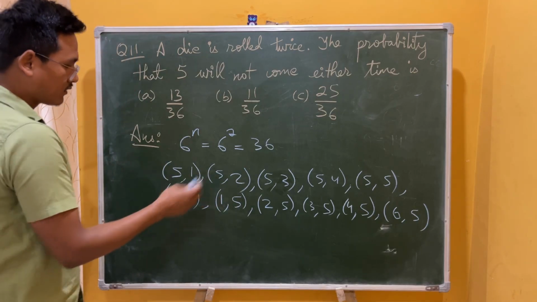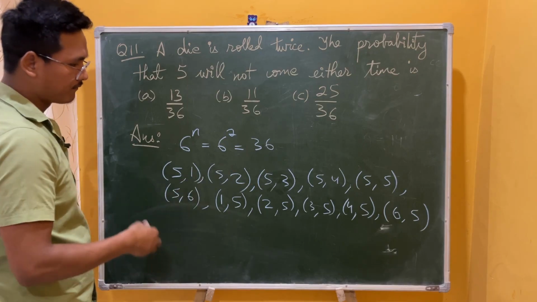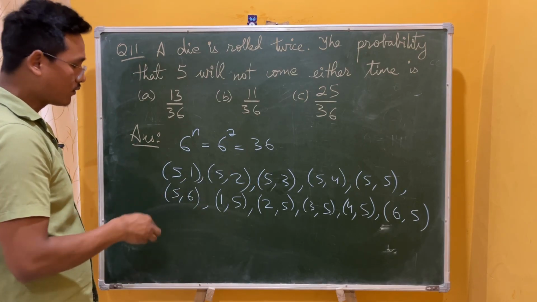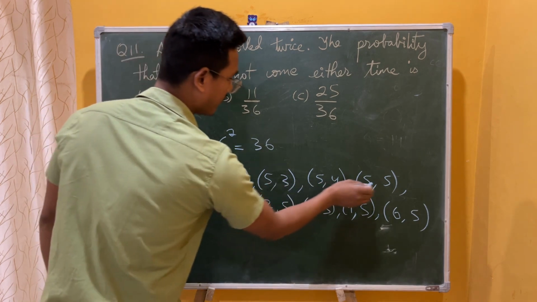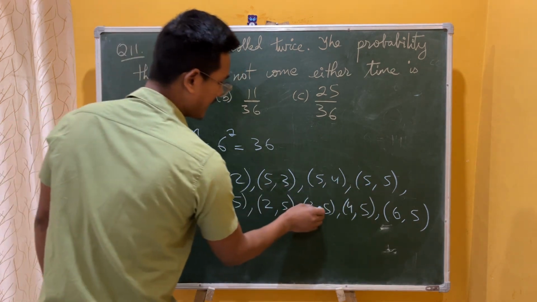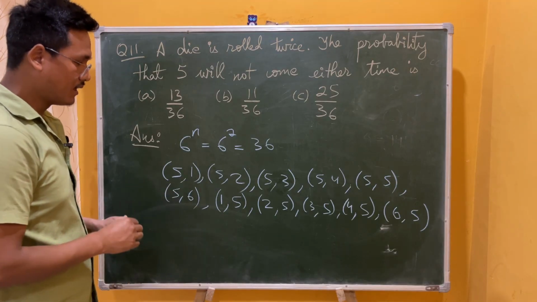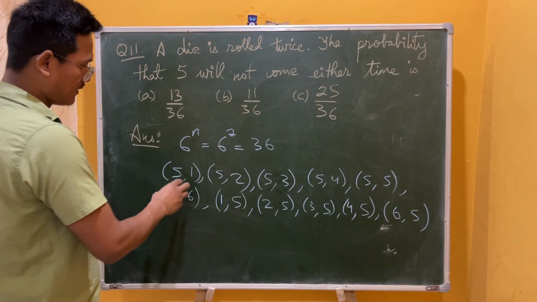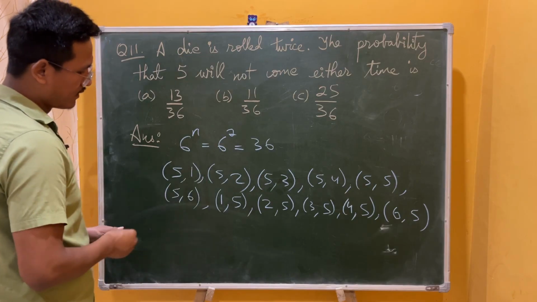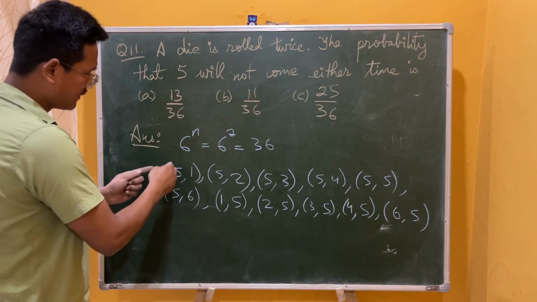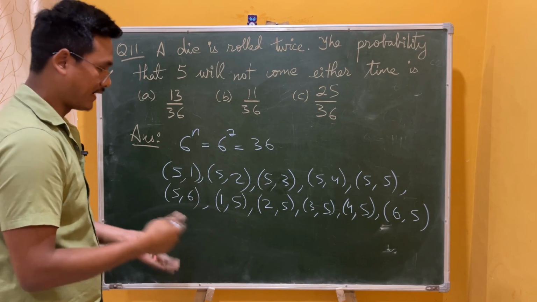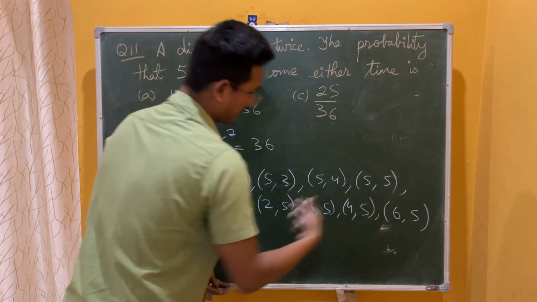Count the number of favorable outcomes: 1, 2, 3, 4, 5, 6, 7, 8, 9, 10, and 11. So there are 11 favorable outcomes, meaning 11 times when you throw 2 dice, 5 will show up either in the first time or in the second time or in both, right?